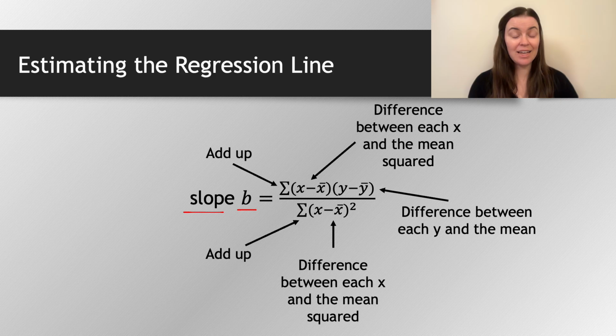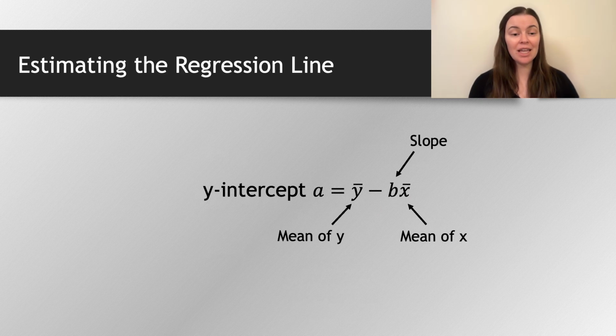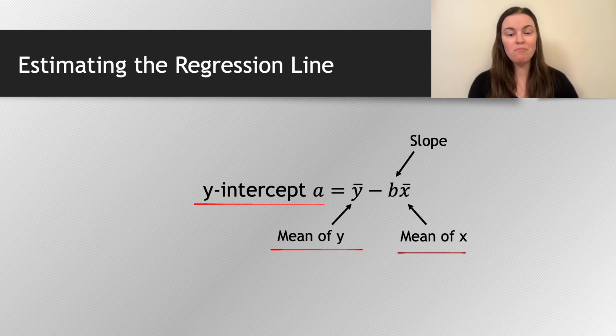And once we did that, in our denominator, we would then have to add the difference between each x and the mean squared, and then divide that all together as well. And that's just the one component of that regression line. And then what we would have to do is then calculate our alpha, or the y-intercept here. What we would have to do to calculate that is take the mean of y and subtract that by our slope and our mean of x. And so our average of that as well.